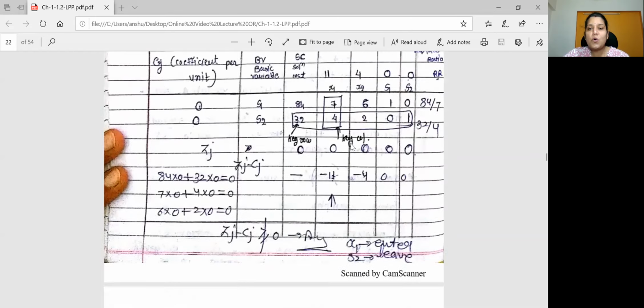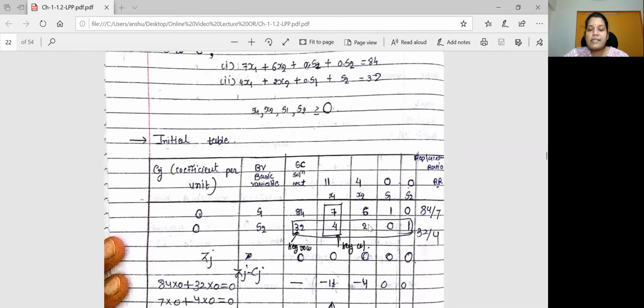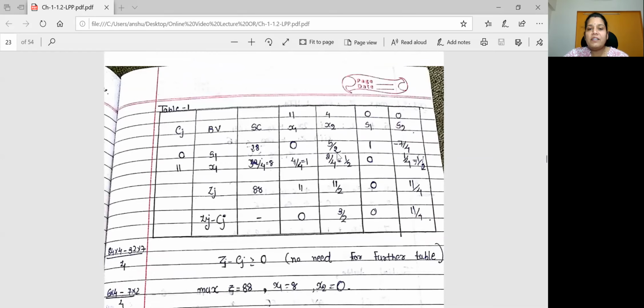Okay, so how do we solve? कैसे हम solve करेंगे? Our key number is 4 and the place value जहाँ पर हमें change लाना है वो है आपका 6. So 4 into 6 is 24 minus 7 into 2 is 14, divided by our key number. So then we get 5 by 2.